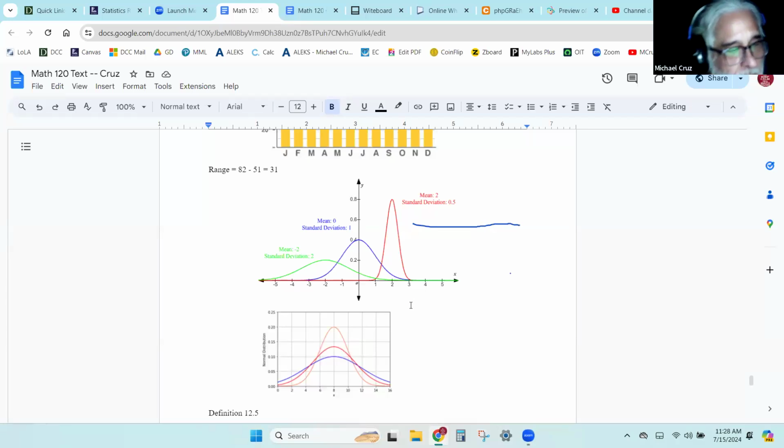In other words, it's got extreme values, a lot of values all the way from way out here to this side. So it's very fat, and that's what the standard deviation measures. The opposite one would be the real skinny red one. So the standard deviation is smaller there. So the smaller the standard deviation, the more clumped up it is.